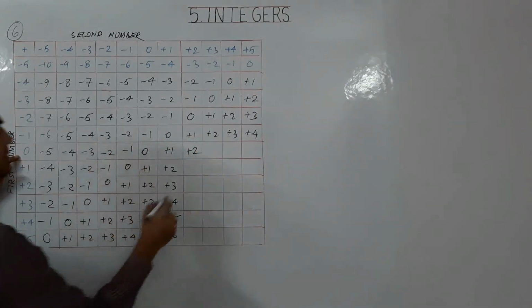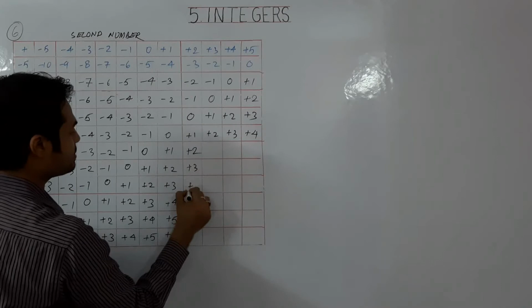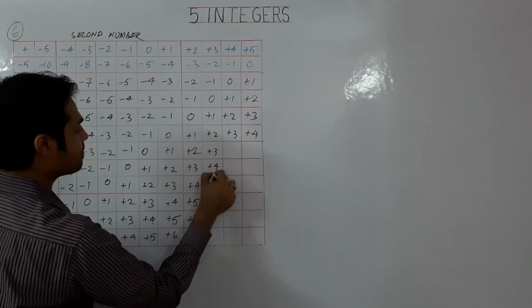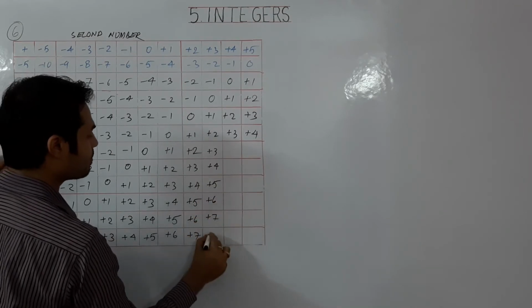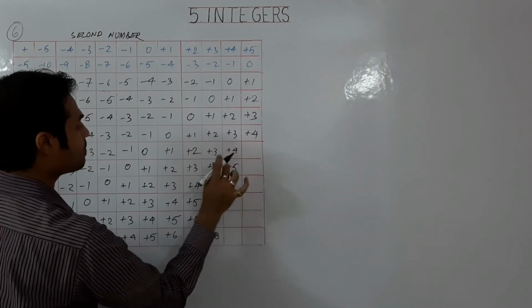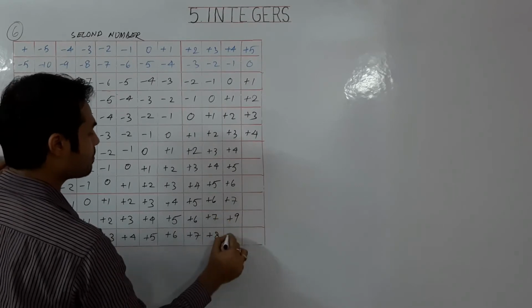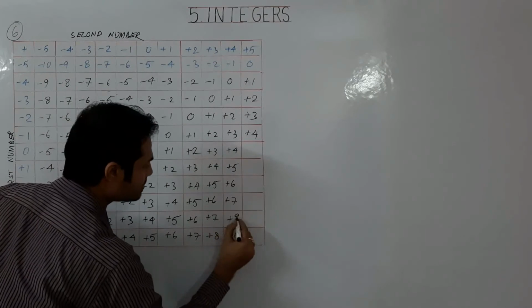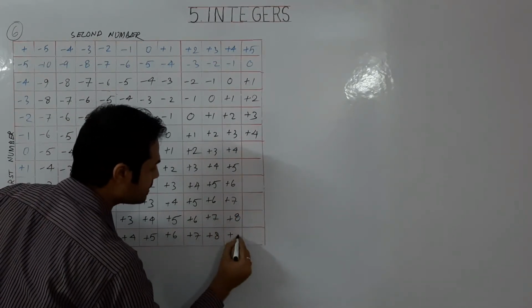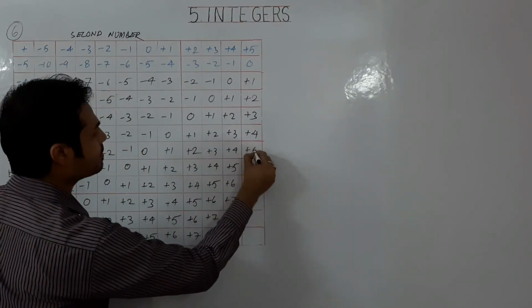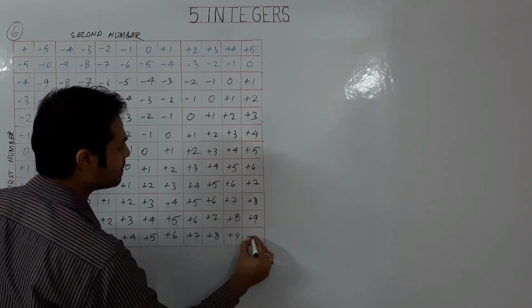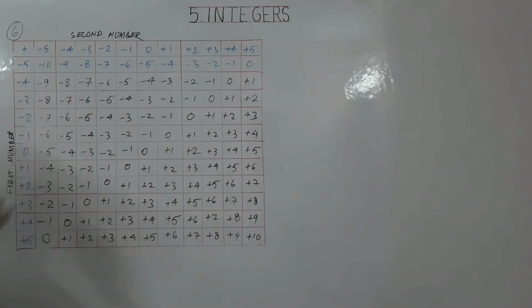So we have to just repeat this. Right. No, it is plus 3, then plus 1. Right. So this is the final table, final answer table for you.